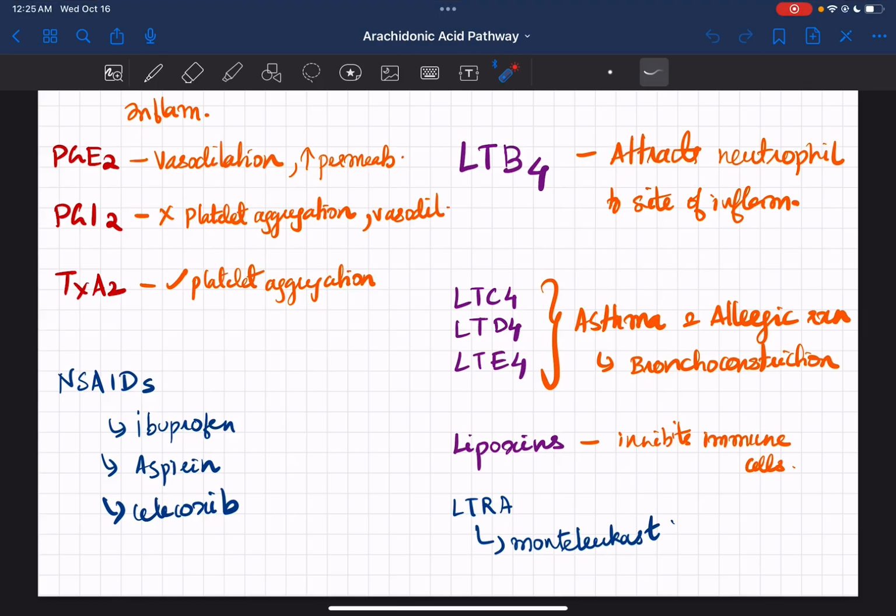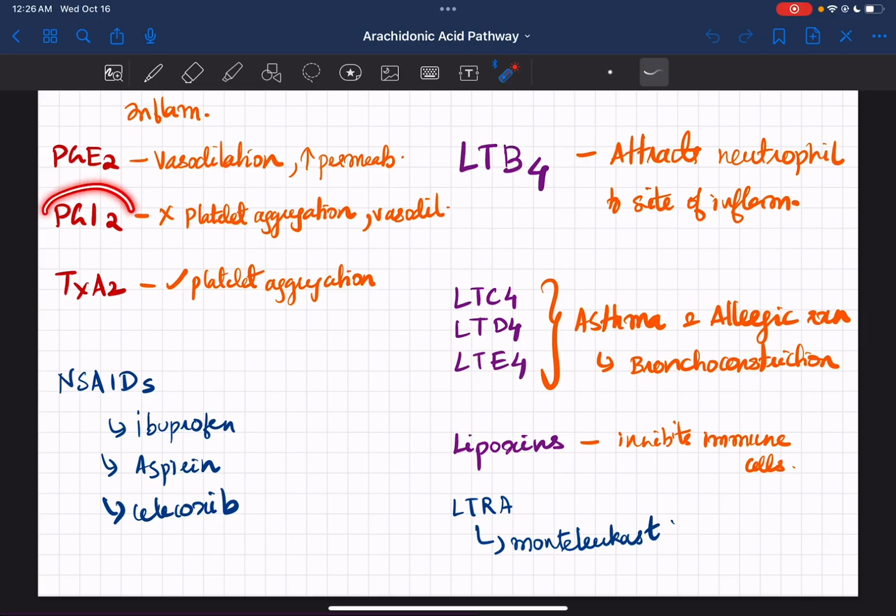The arachidonic acid comes down from the cell membrane, from the phospholipid, and the COX2 pathway gets activated and produces the prostaglandins. Specifically, prostaglandin E2 helps with vasodilation. It attaches to specific receptors in your blood vessels and causes them to vasodilate, so more blood can flow. At the same time, it increases the permeability of the blood vessels, so WBCs and macrophages can escape from the tissues and go to the blood vessels and travel to different sites.